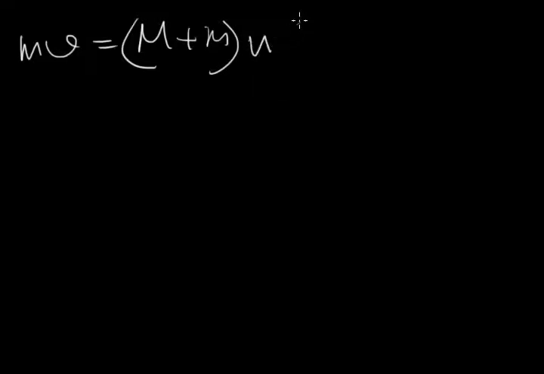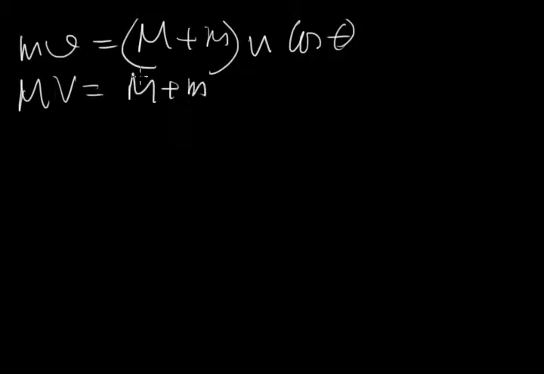For your sake, I'll write down the equations once again. It is mv equals (M plus m) u cos theta, and MV equals (M plus m) u sin theta.